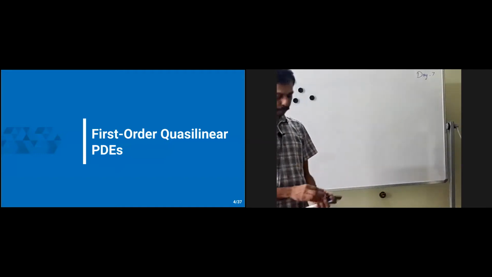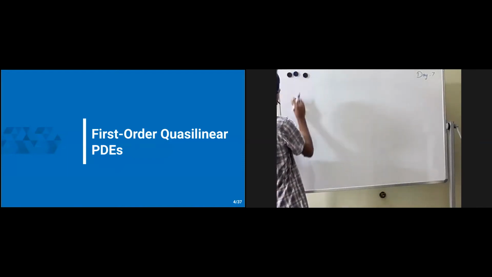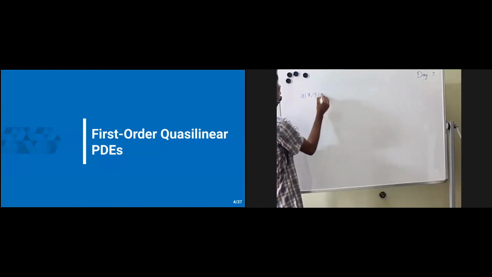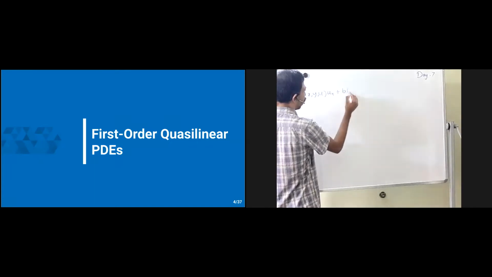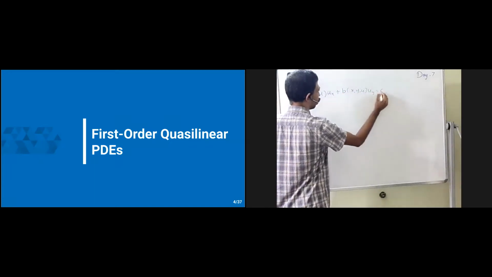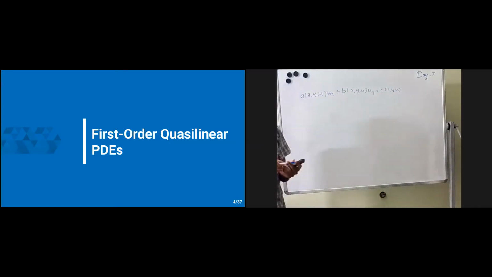So a quasi-linear PDE always looks like this form: a(x,y,u) u_x plus, for the first order, b(x,y,u) u_y equal to c(x,y,u).